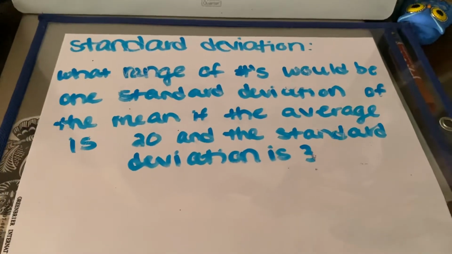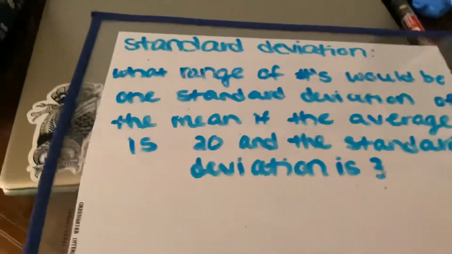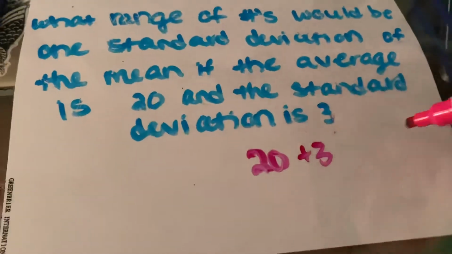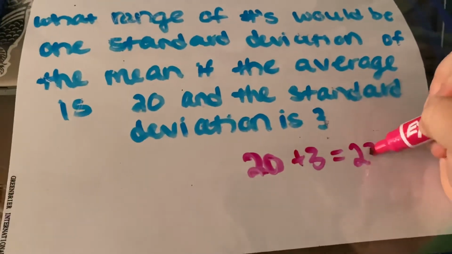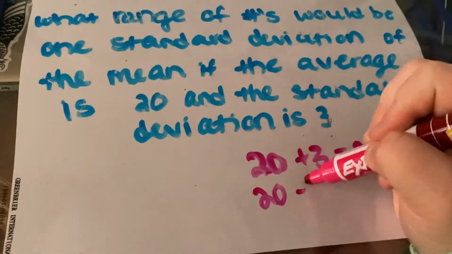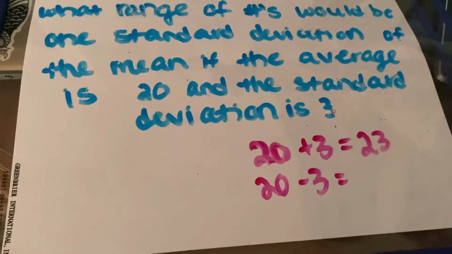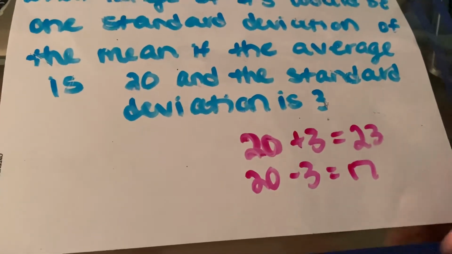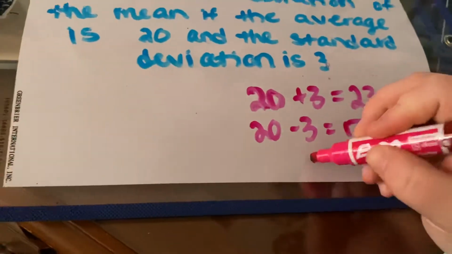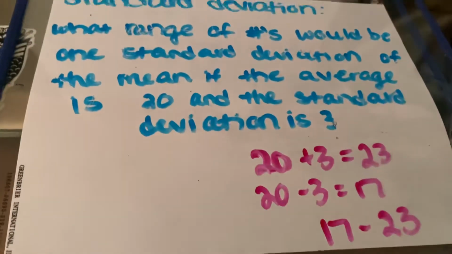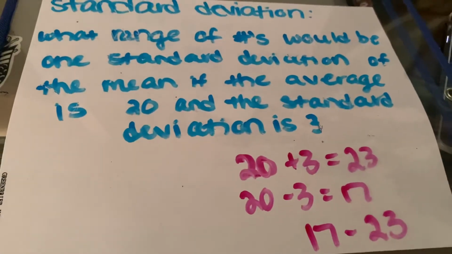So to find our range, we take 20 and we're going to add 3 to find the higher value, which is 23. And then we're going to subtract 3 to find our lower value, which is 17. So that would mean that our range would be 17 to 23. That would be 1 standard deviation.